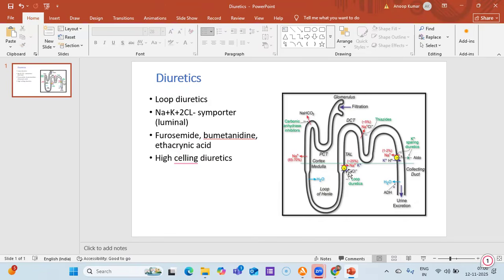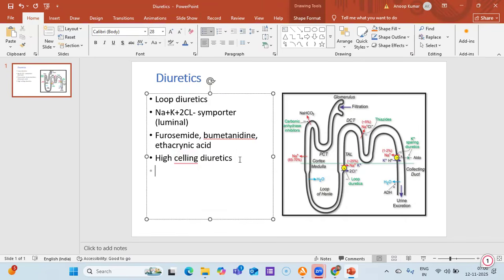Sodium is going to reach the distal tubules and be exchanged with potassium and hydrogen. So again, these loop diuretics could also result in hypokalemia, the same mechanism we discussed with carbonic anhydrase inhibitors. Carbonic anhydrase inhibitors like acetazolamide also result in hypokalemia by the same mechanism.